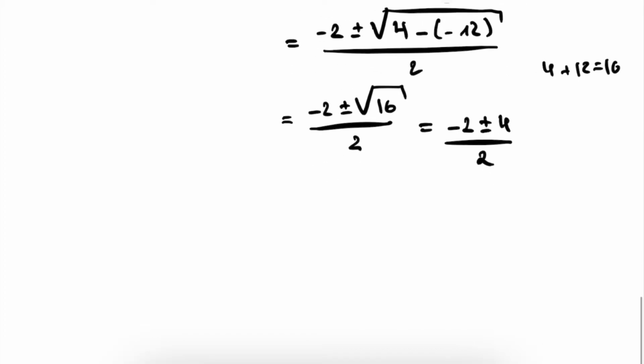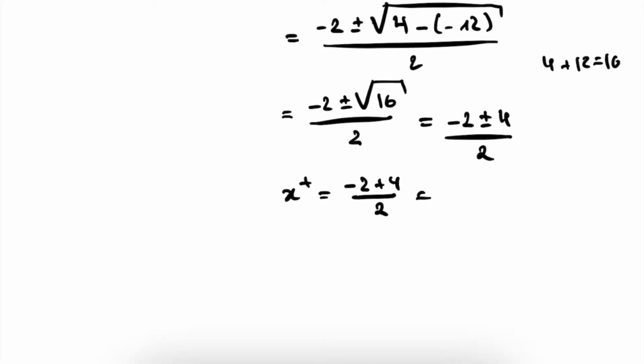So we get two answers. So x plus, when we take here the plus, will be minus 2 plus 4 divided by 2, which is equal to 2 divided by 2 is equal to 1.